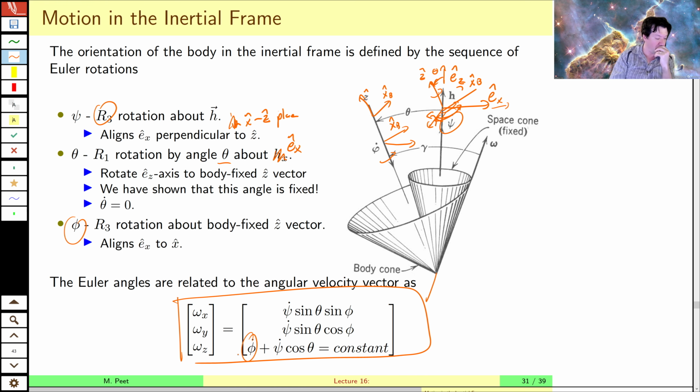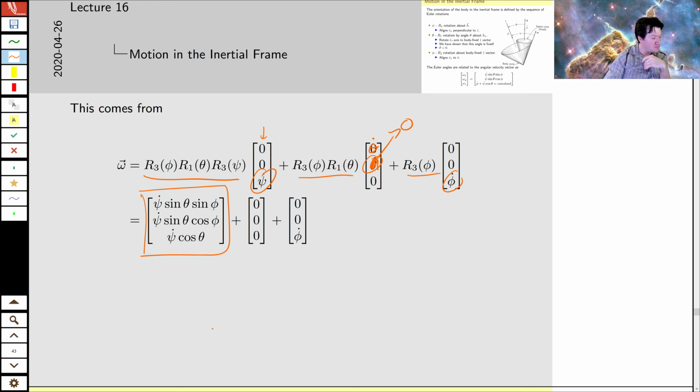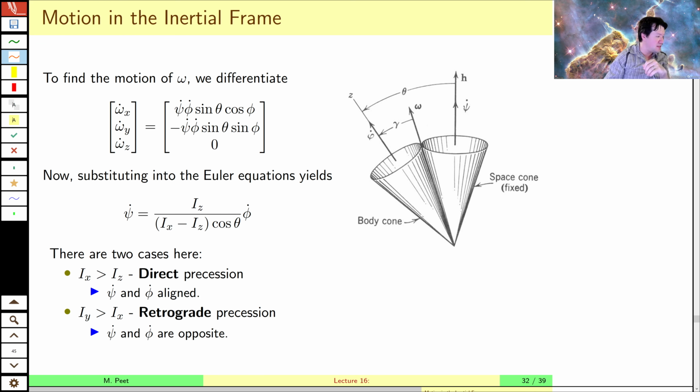So what's interesting is this is a constant, we know, because omega z is a constant. These, however, are going to change over time, because these change over time. Those are Euler rates. We won't need them very much in this class, but it's worth talking about them.